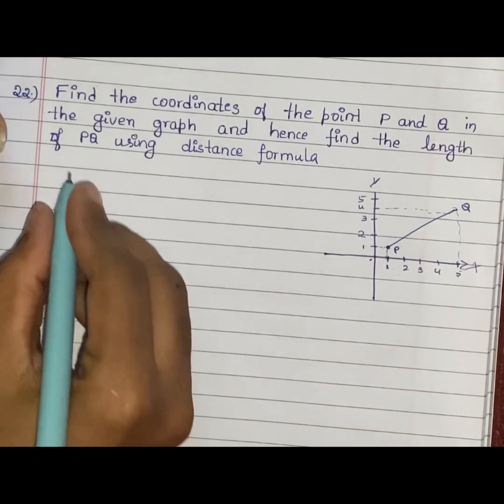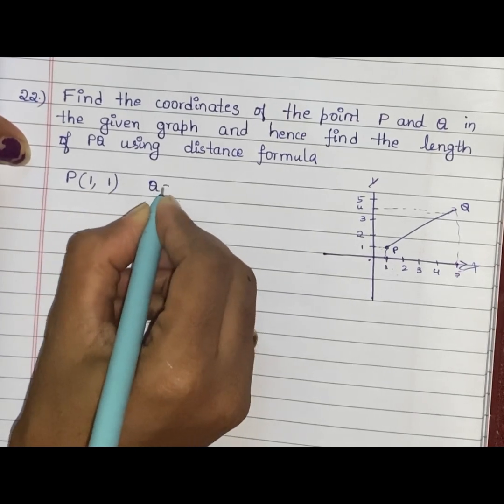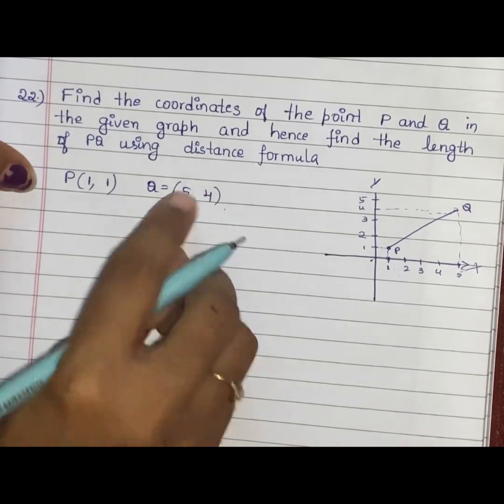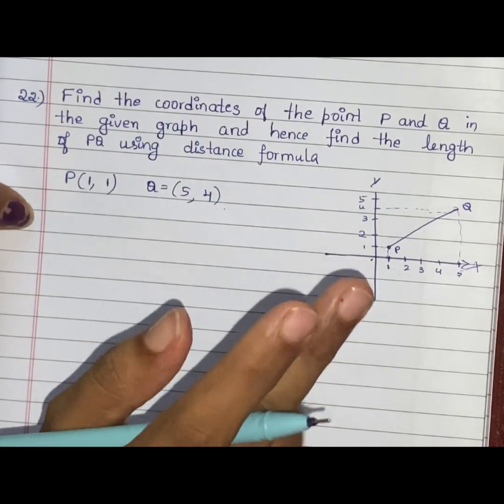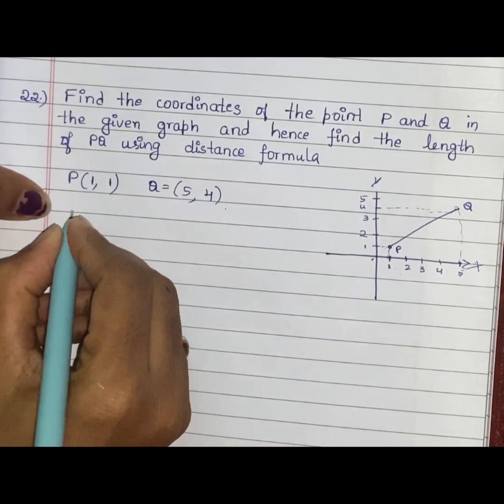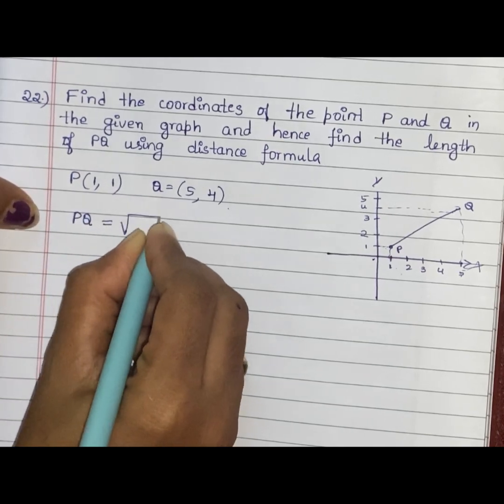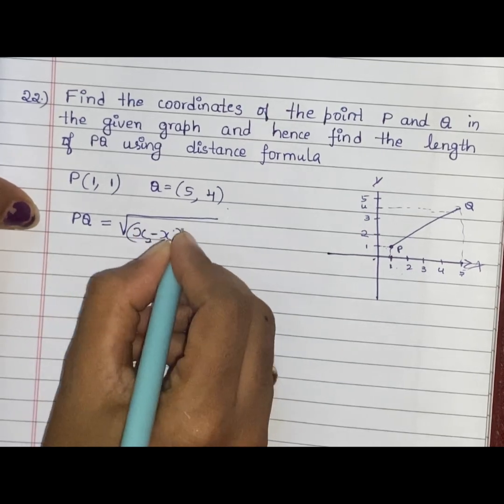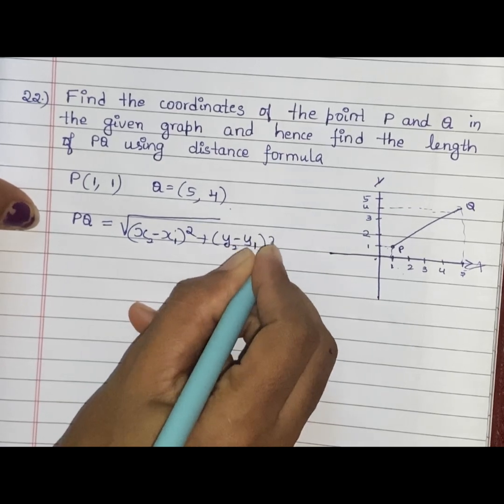Okay, so first I'll write the 2 point values, that is 1 comma 1 and Q point value is nothing but 5 comma 4. Now to find the length between the 2 points, we have the formula. Okay, that is using distance formula. So we know the distance formula. Distance formula is nothing but PQ is equal to root of (x2 minus x1) whole square plus (y2 minus y1) whole square.